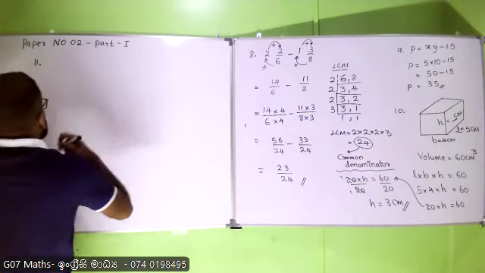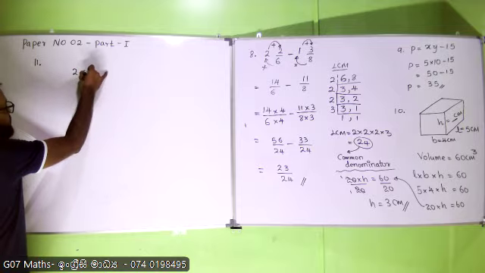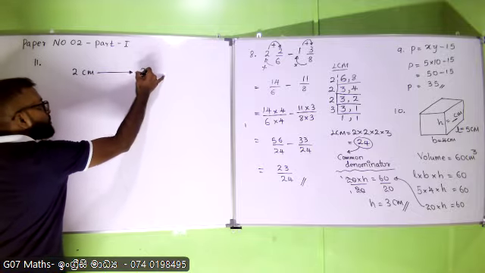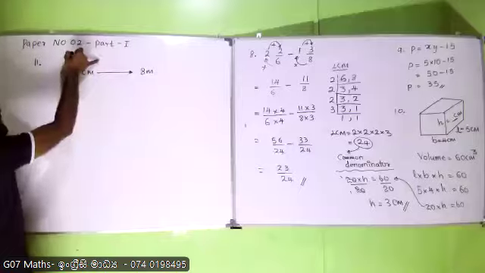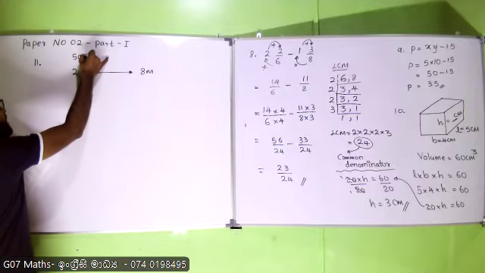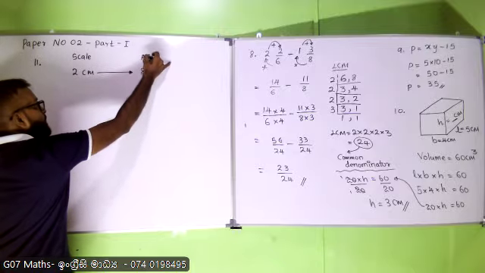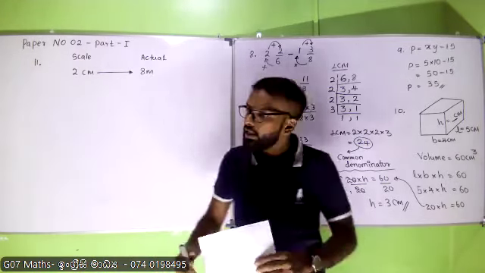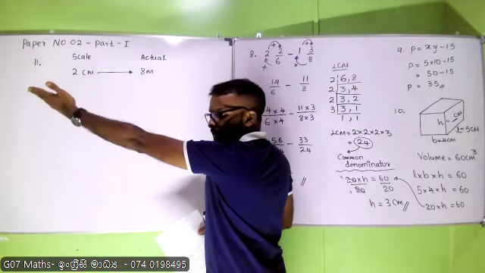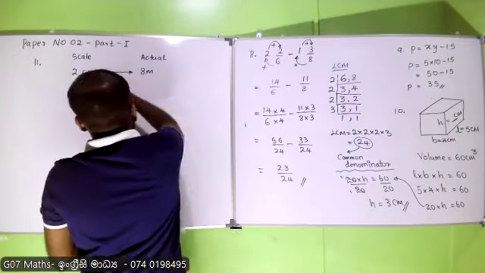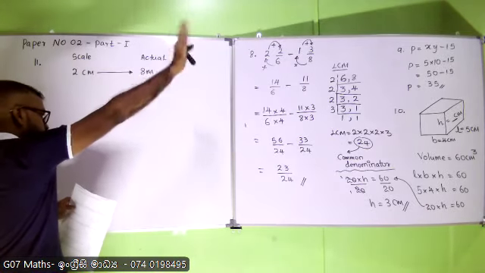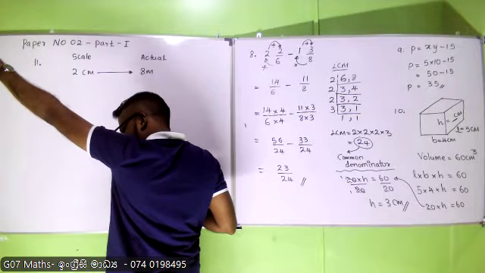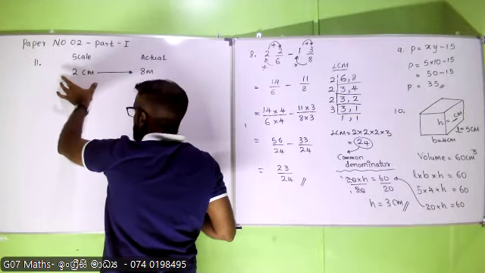When doing a scale length question, the left hand side of the arrow is always the scale length and the right hand side is the actual length.